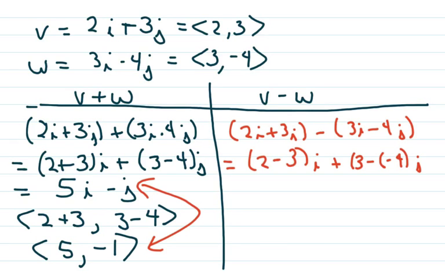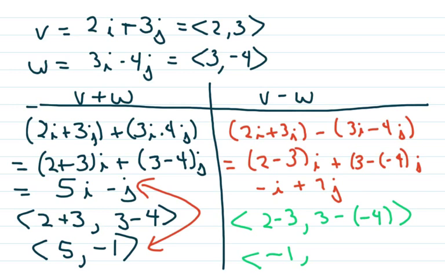And you're going to get negative i plus 7j. And again, we can do the other way like we did before, and we would get 2 minus 3, comma, 3 minus a negative 4, and you're going to get (negative 1, 7).